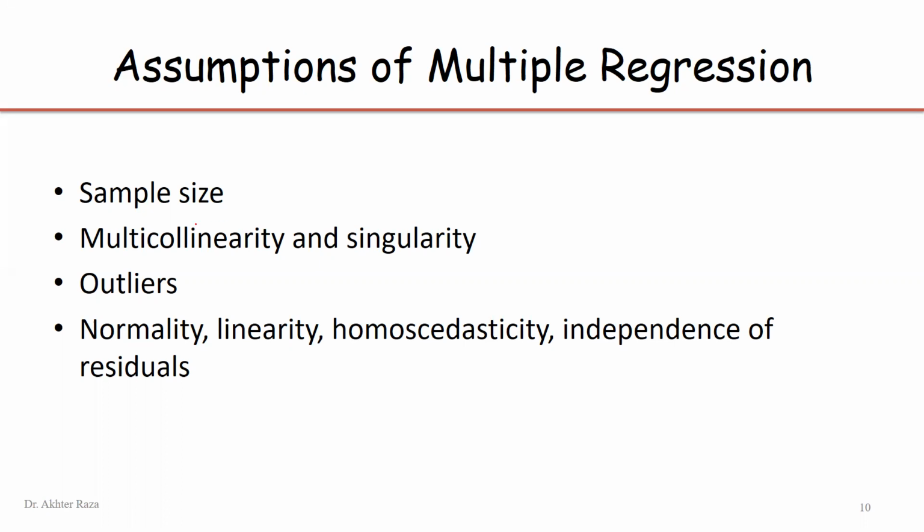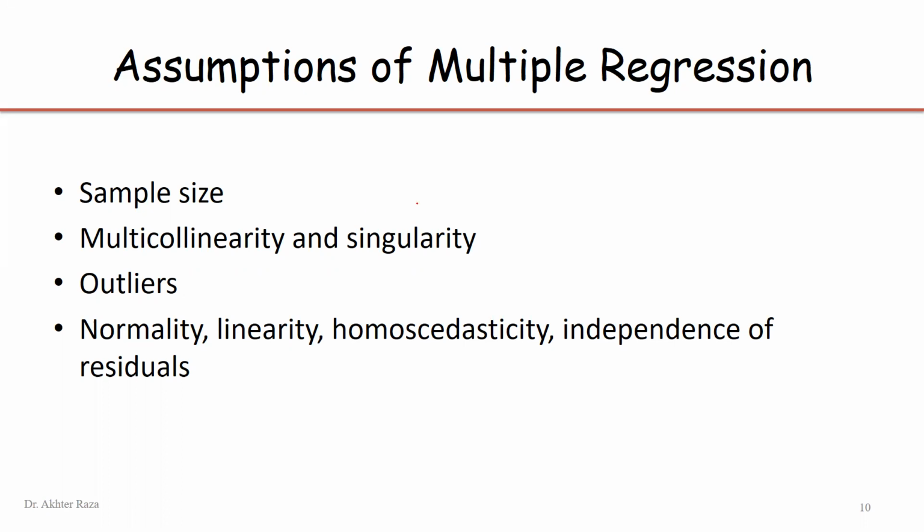If the predictors have a strong significant correlation, that issue is known as multicollinearity. So we avoid multicollinearity. It is suggested that multicollinearity should be avoided. Singularity is somewhat similar to multicollinearity, but singularity means that we have a few predictors in the model which are computed or calculated with the help of other predictors.